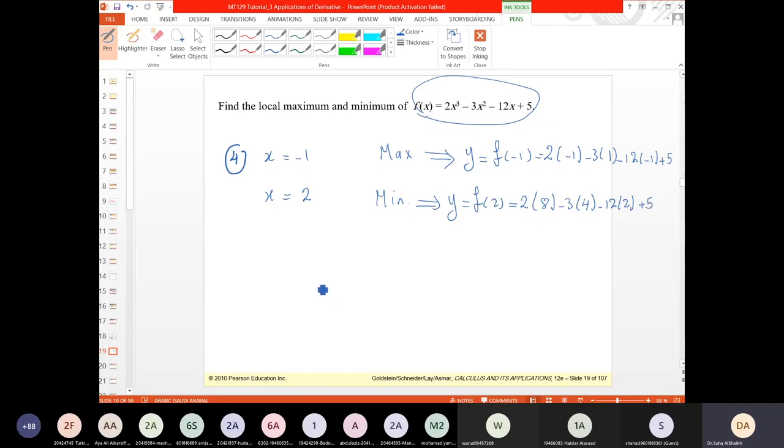We do the calculation to get the answer. What's the first y here? For x equal to -1, what will be the y? And for x equal to 2, what will be my y? Everyone is giving me an answer. It's 13, minus 12, minus 13. What is it?